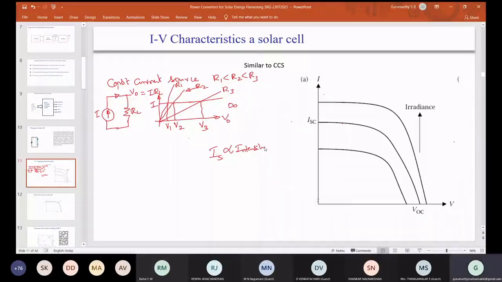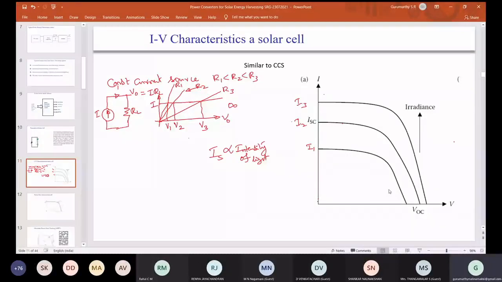So lower intensity, I will call this I1, I2, and I3. At different intensities, the current will be different. These three curves are for different light intensities. As the intensity increases, the current also increases. And since it is a constant current source, the voltage across it also changes. So let us try to understand this curve.